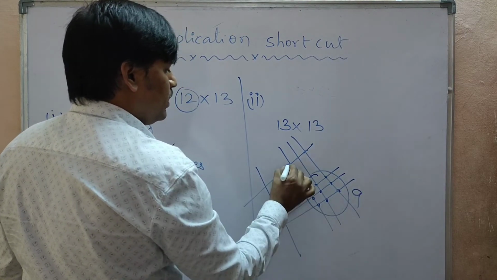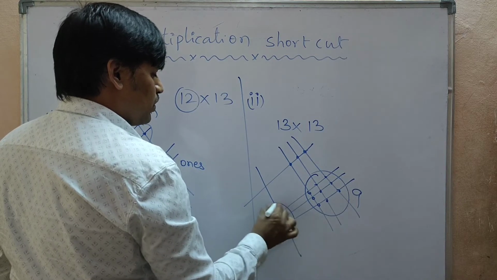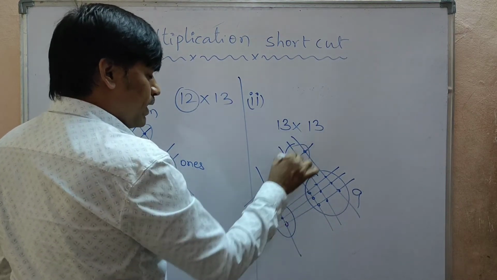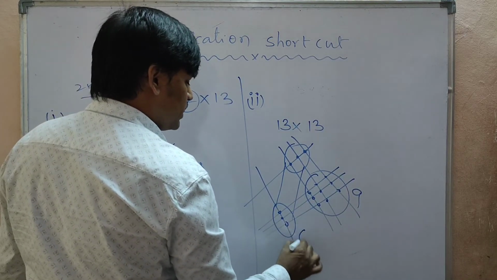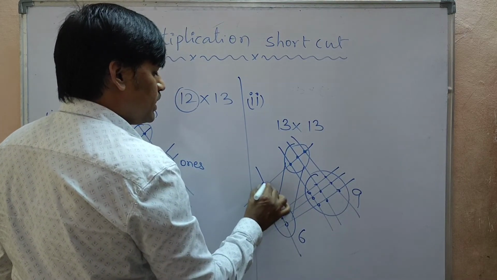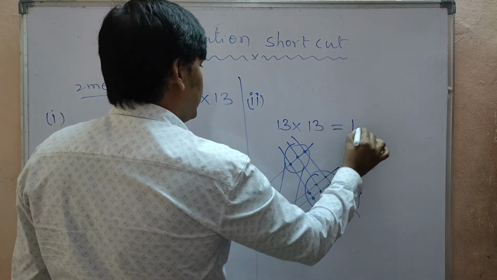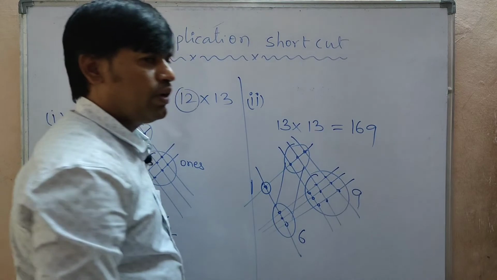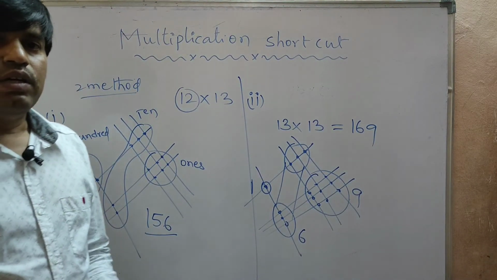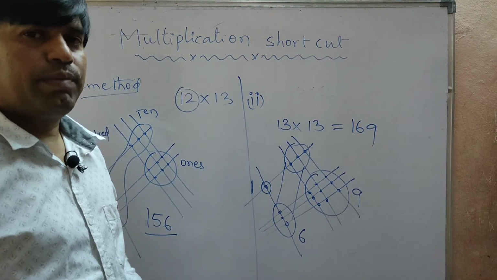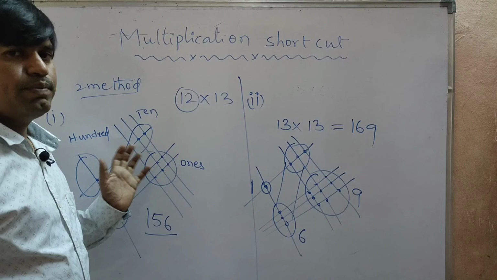That's why I am taking 9 only. 1 2 3 4 5 6, here total 6 points are there. That's why I am taking here 6. Now here only 1 point is there. That's why I am taking here 1 only. Total your answer is 169. Okay viewers, if any problems are there in 2 by 2 way, you should follow these methods.